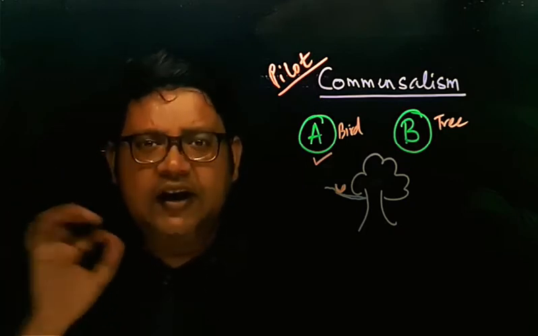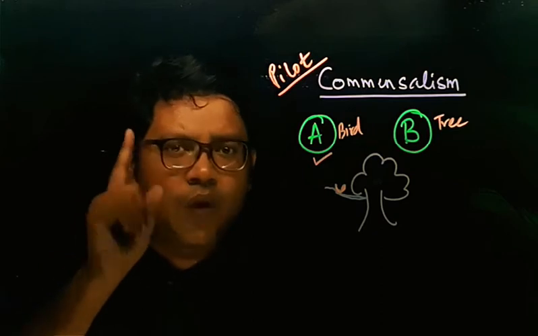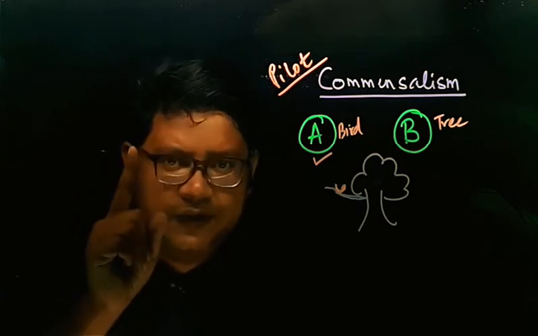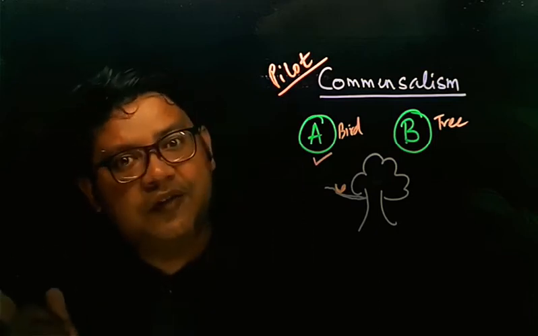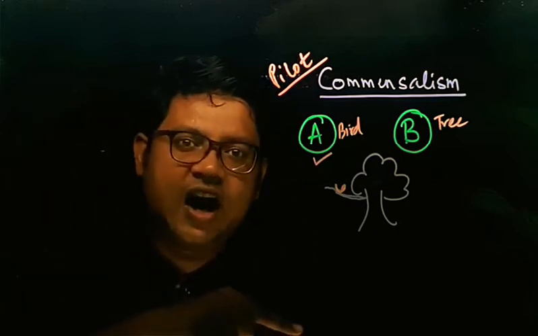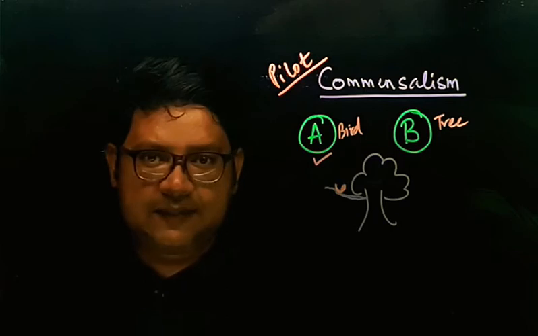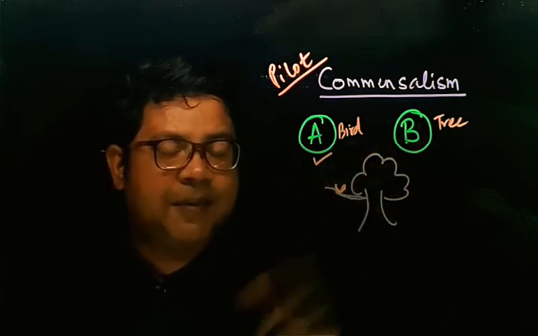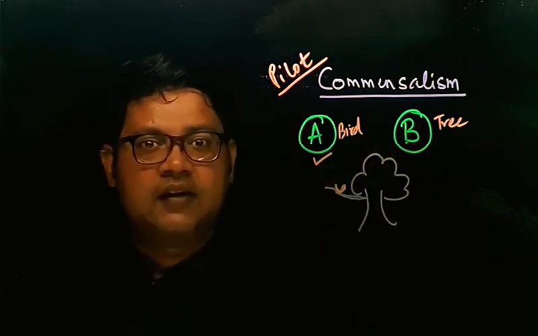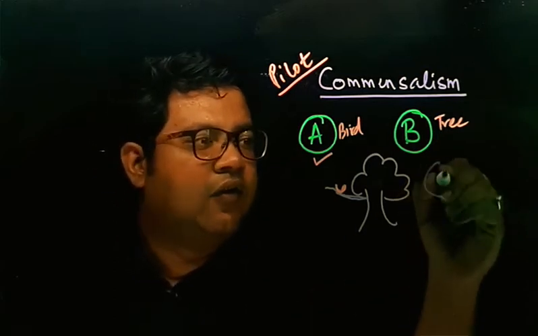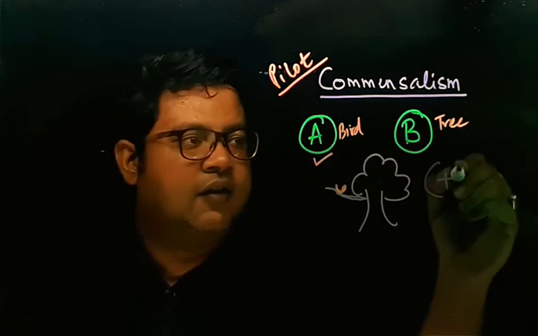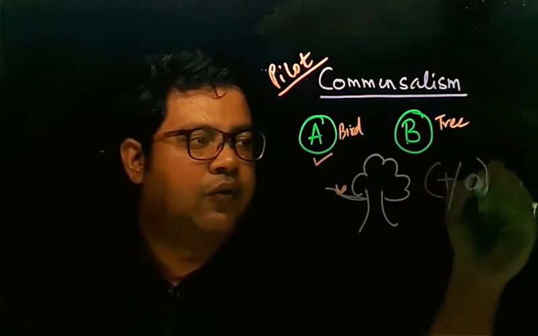The type of interaction where only one of the interacting species gets benefited and the other interacting species neither gets benefited nor gets harmed is called commensalism. So how can we depict commensalism? We can depict commensalism by +/0.